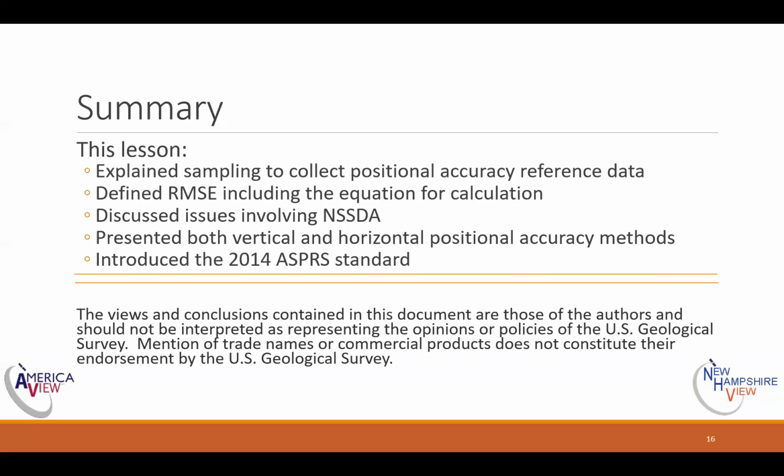We presented both vertical and horizontal methods. Okay. Vertical is easier because it's one dimension. Horizontal gets a little bit more complicated because we're talking about 2 dimensions, X and Y. There's a lot of assumptions that go into that, assuming normality, assuming a circular distribution.